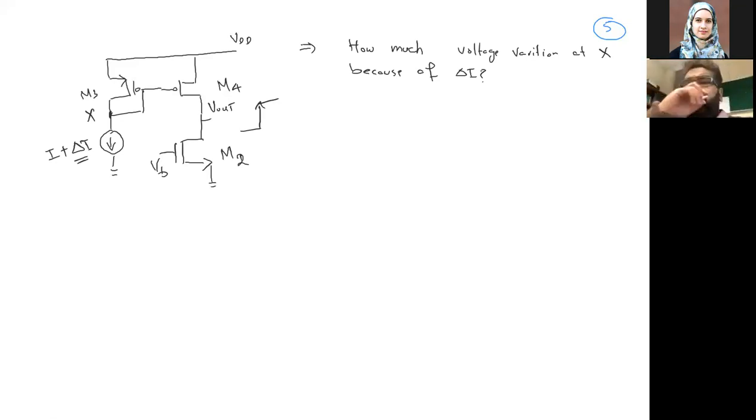If we look at this M3, we all know we can replace it with a diode architecture, simply with 1 over GM3.